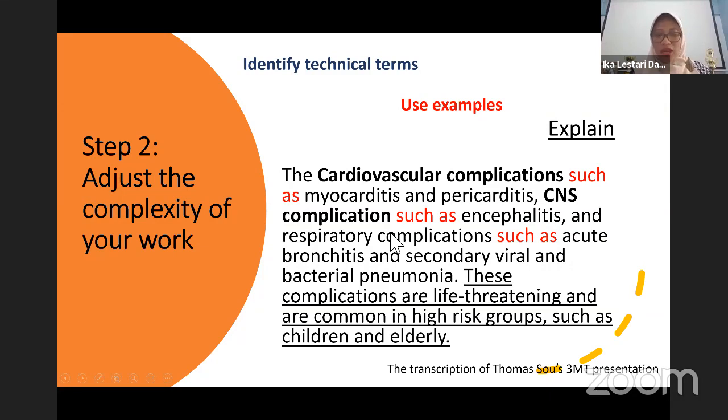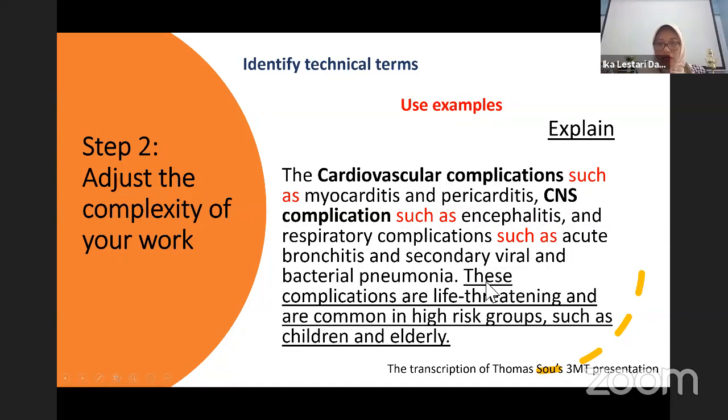Maybe those are terms that people from medical schools can easily say and understand what they mean. But lay people, people who are not from that kind of school, might wonder what they are.